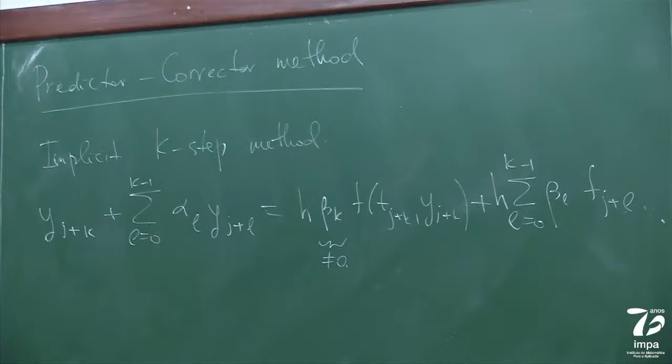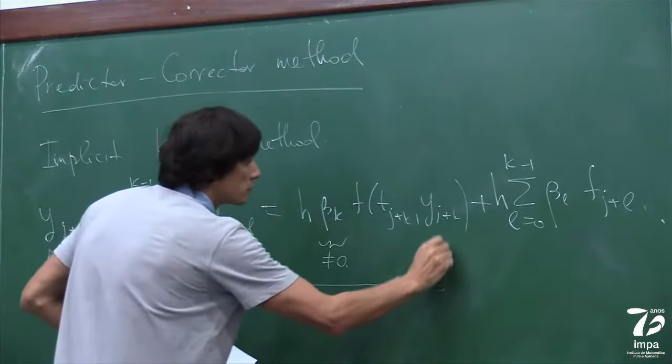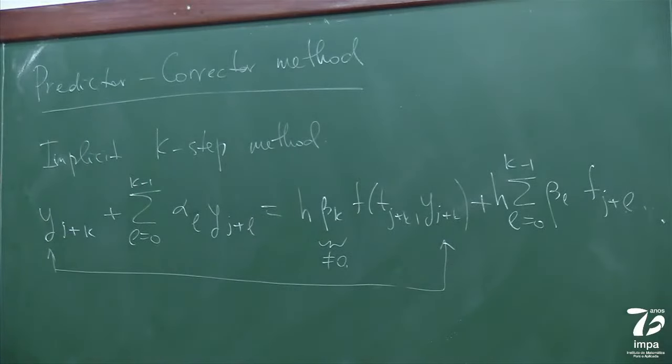So in order to motivate this predictor-corrector method, what would be the way you solve this? So normally, how would you solve an implicit k-step method? You have to solve it with respect to this variable, right? So it comes on the left-hand side and right-hand side.